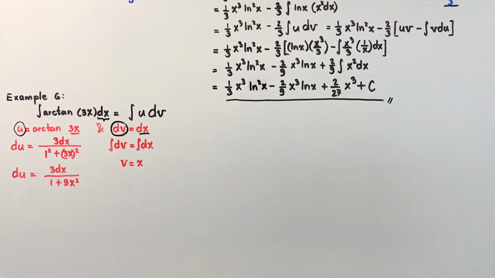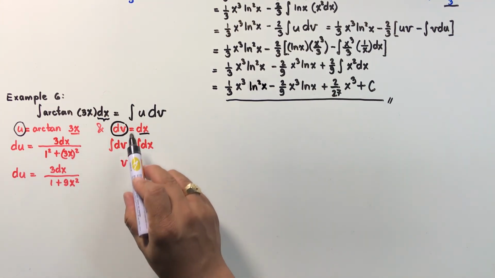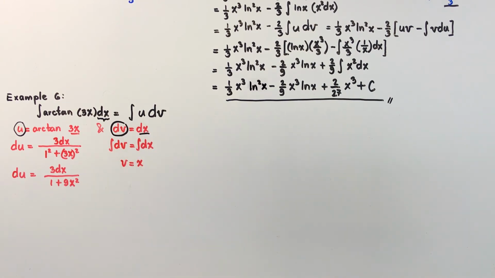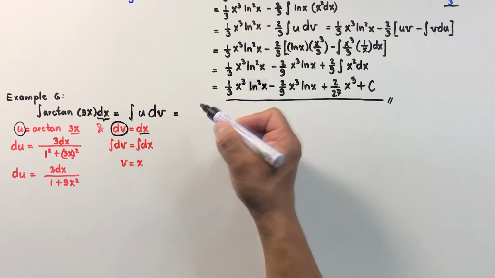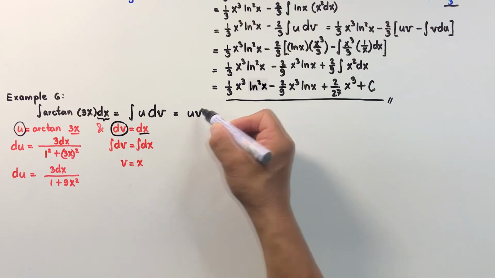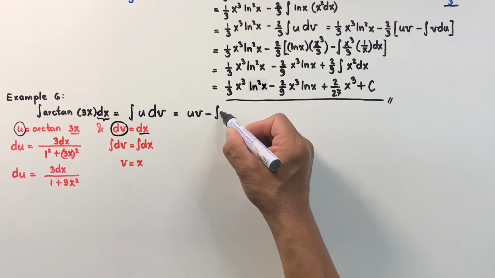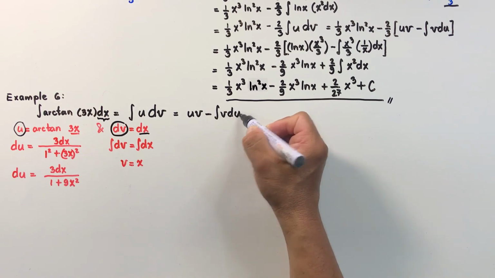So our integral becomes the integral of u dv. And according to the formula for integration by parts, this is equal to uv minus the integral of v du.